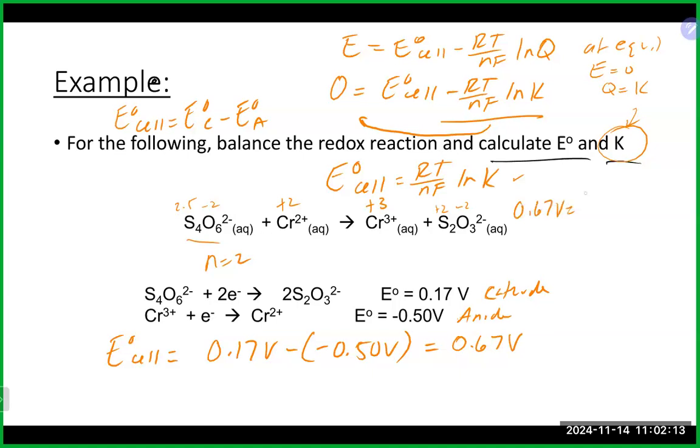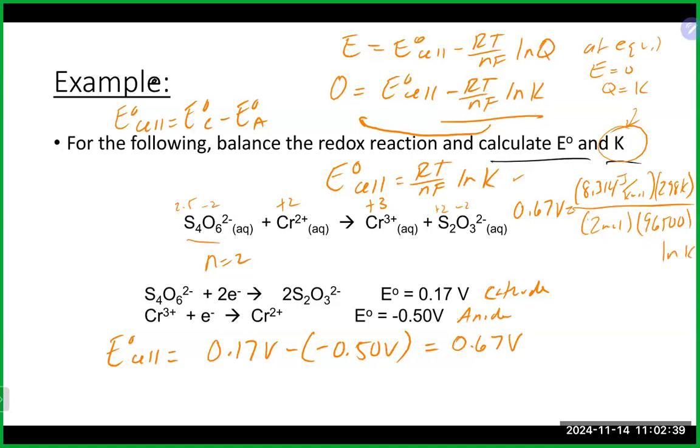So we got 0.67 volts is equal to 8.314, our 298 here, which wasn't given to you, but we'll assume it's 298, and we got 2 moles and our 96,500. And obviously our natural log of K, as I run out of room over there.